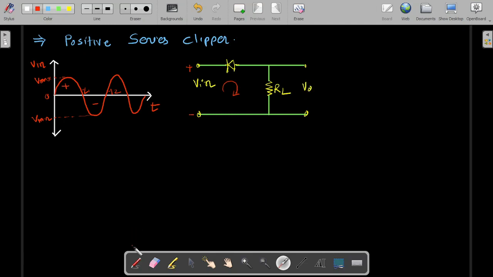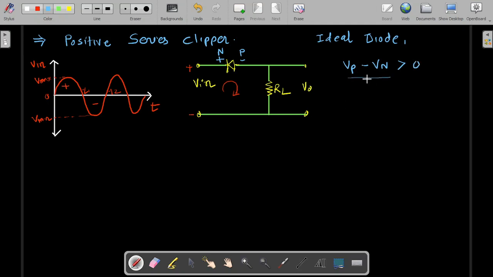Now we'll check whether the diode is on or off. Here is some positive, here is some negative. So we can see that at the N terminal there is some positive supply and at the P terminal some negative supply. If we consider an ideal diode, because nothing like silicon or germanium is given, then to make this ideal diode turn on or forward bias, Vp minus Vn should be greater than 0.